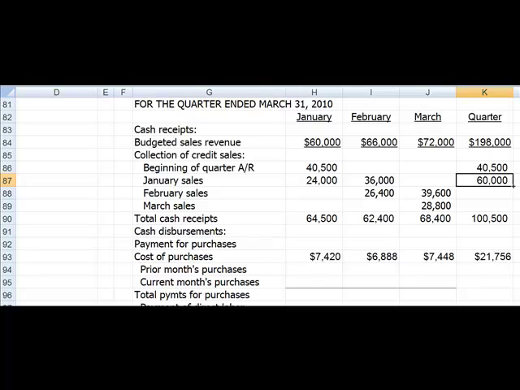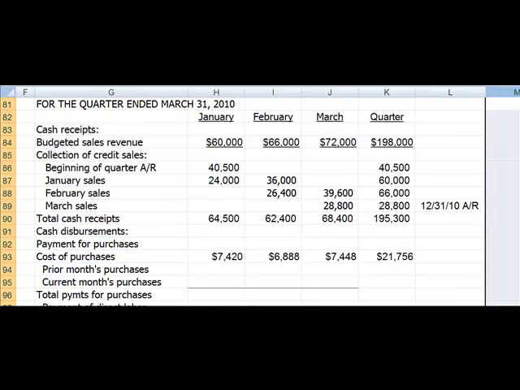So as I copy these down, you'll see I've collected all of February. Here's February sales, 66,000. That's the total. But I haven't collected all of March, have I? What I haven't collected becomes the 12/31 accounts receivable.